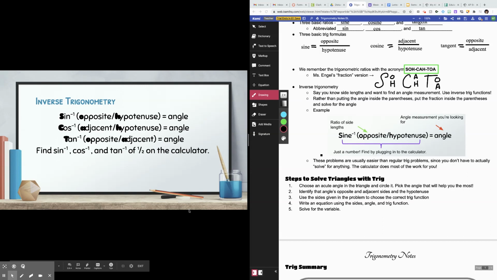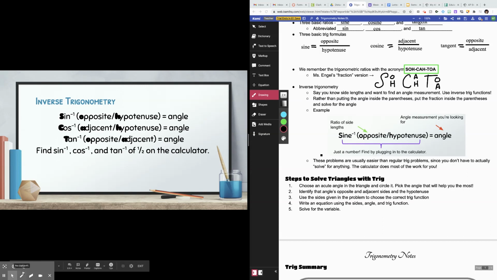Okay, so inverse trigonometry is essentially the same relationships, except instead of using your angle measurement and the trig function to find a missing side, you're going to use your side lengths with the corresponding trig function to find a missing angle.